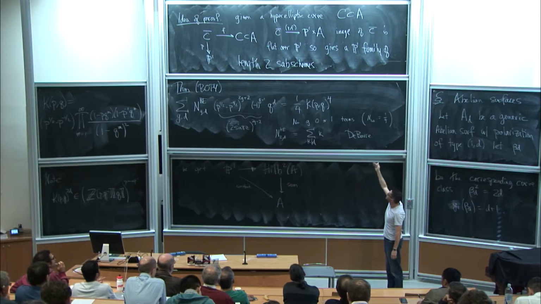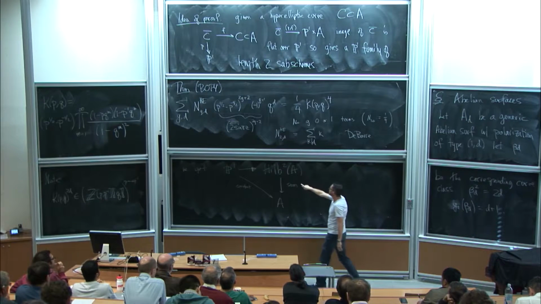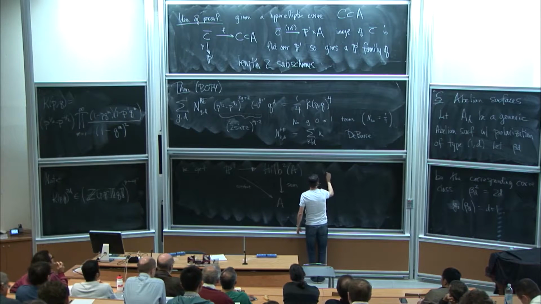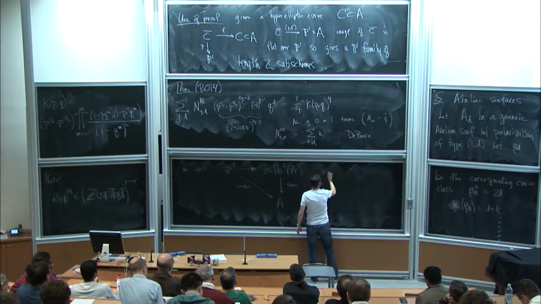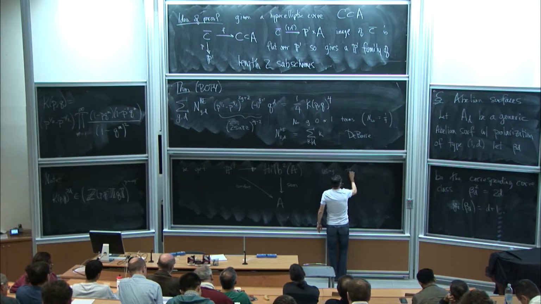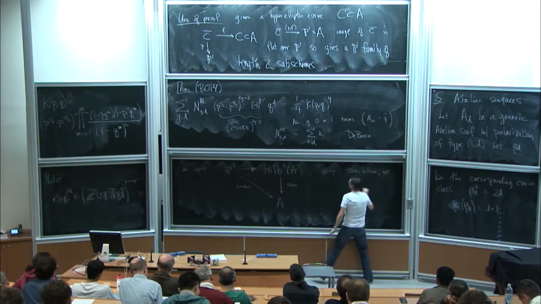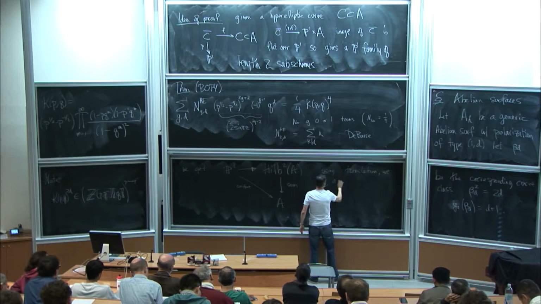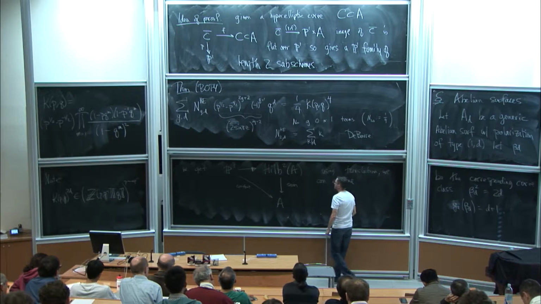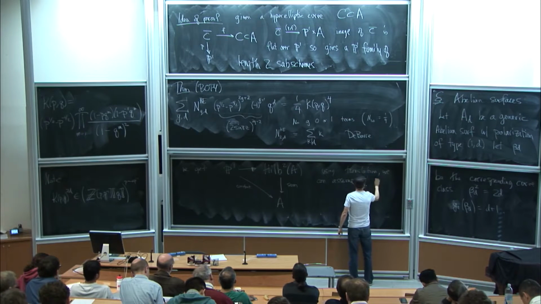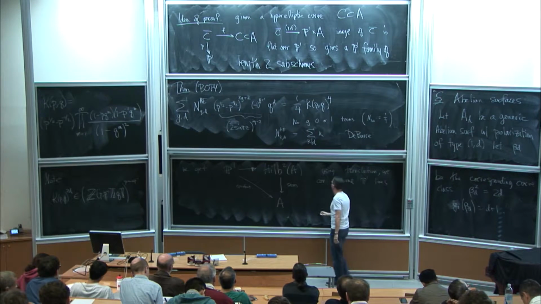So by a translation, you can arrange that this map actually lands over 0. So up to translation, we can assume that P1 lives over 0.